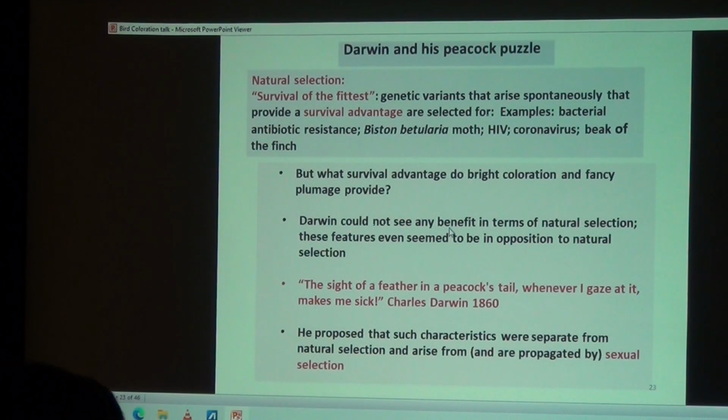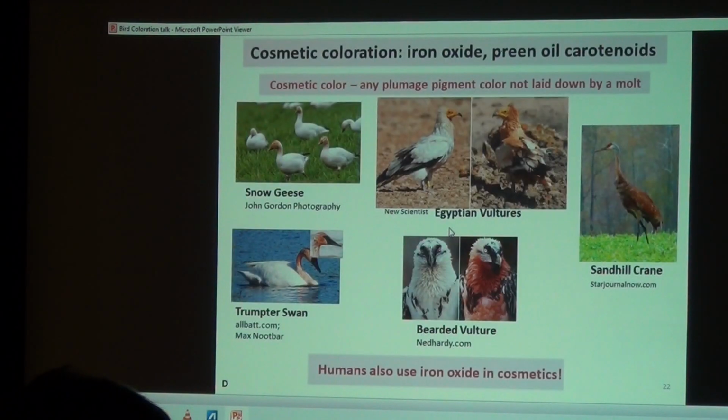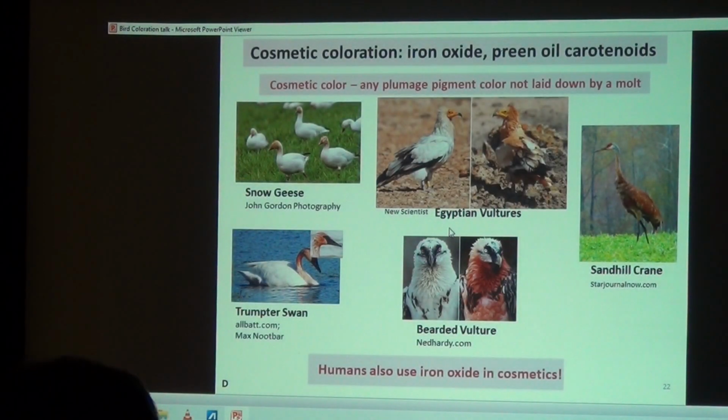When one or more of these mutations provide a survival advantage, they're selected for. Many mutants are neutral, some are deleterious, but some will provide a survival advantage. And I've listed a few examples here of evolution that has occurred and is occurring in the time scale of 1 or 2 human lifespans.